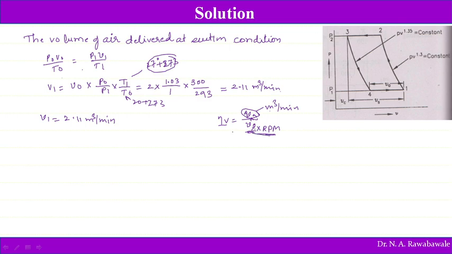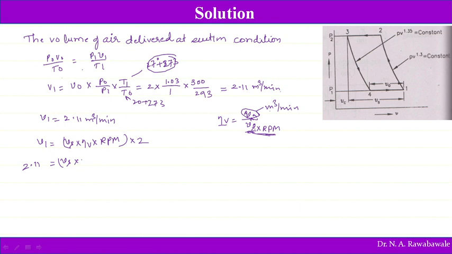Transferring to the left-hand side, we get the swept volume. It is a double acting air compressor, so divide by 2. Given is known.